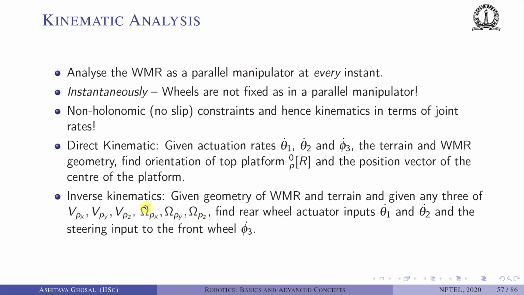So we can only give 3 of these 6 quantities, linear velocity and angular velocity combined. And the goal is to find the rear wheel actuator inputs, theta 1 dot, theta 2 dot, and the steering input to the front wheel. So this is how the direct and inverse kinematics problems are defined.